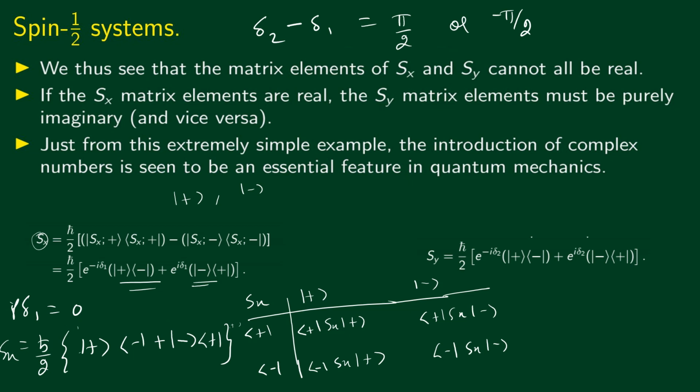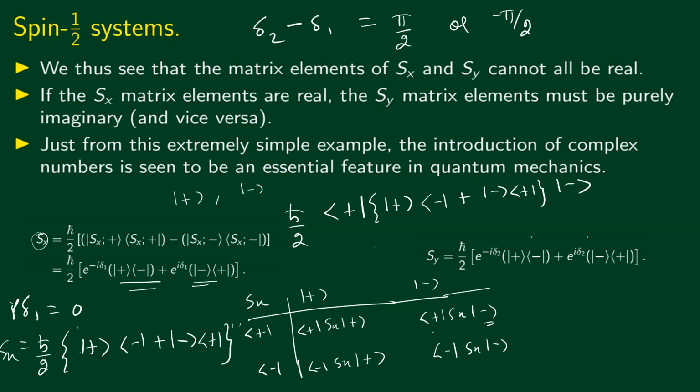If I look at this element, for example, I've got h bar by 2 outside. I'm just calculating this matrix element. So this is bra plus, and Sx is h bar by 2, pulled outside, times ket plus bra minus plus ket minus bra plus. And on this side it is ket minus.